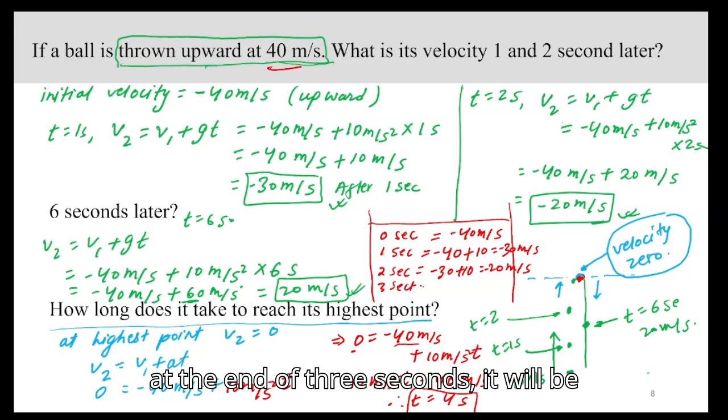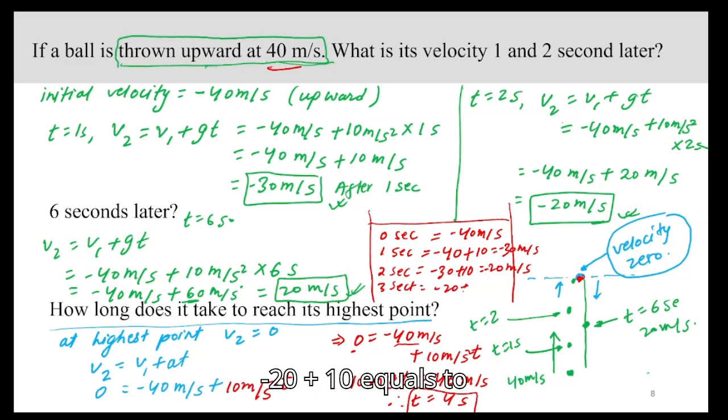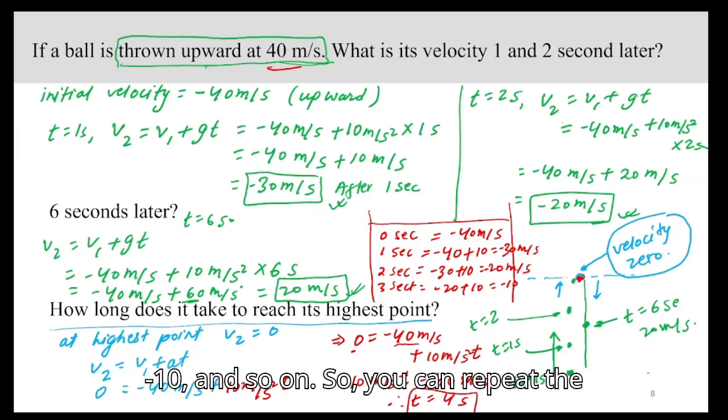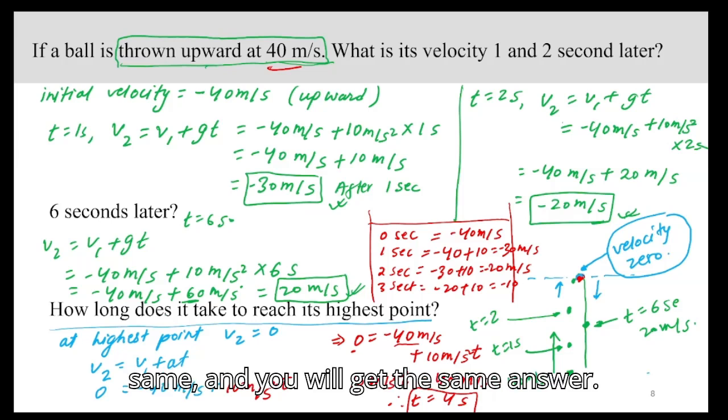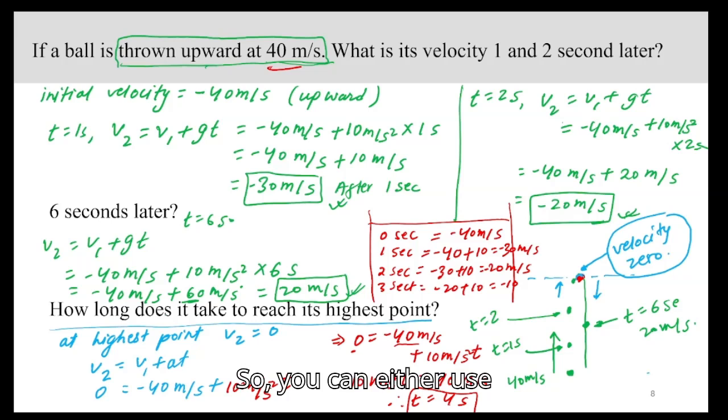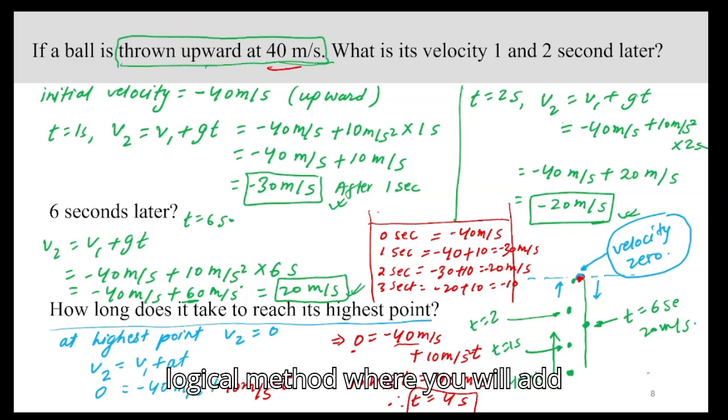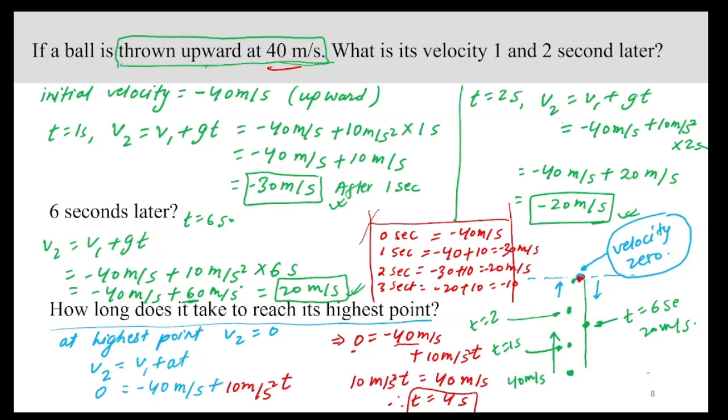At the end of 3 seconds, it will be minus 20 plus 10 equals minus 10, and so on. So you can repeat the same and you will get the same answer. So you can either use the formula, or use this logical method, where you add 10 meters per second of velocity to the object every second it travels.